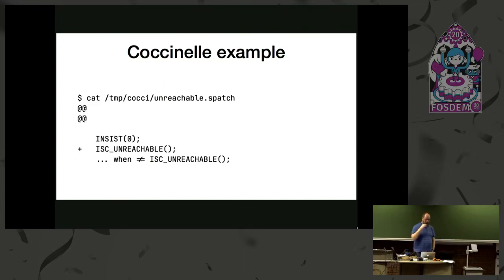So it adds ISC_UNREACHABLE, which is actually just a macro to attribute that the end couldn't be reached. It adds the ISC_UNREACHABLE to all occurrences of the INSIST where it's not already there.